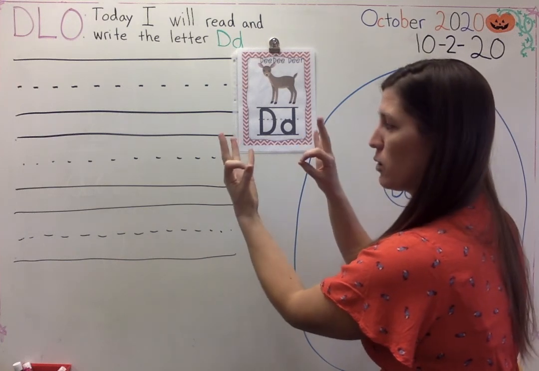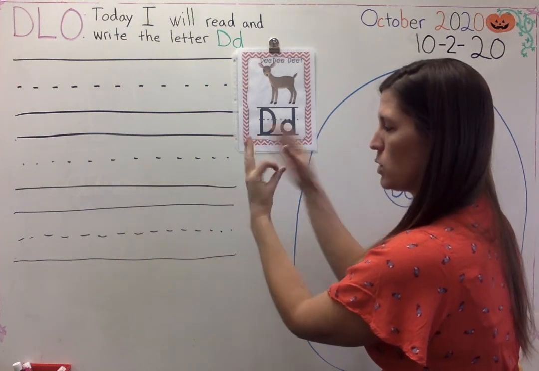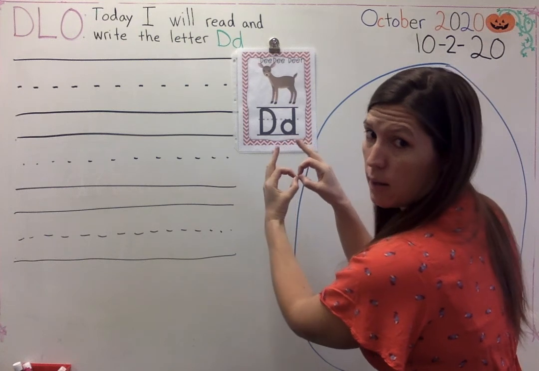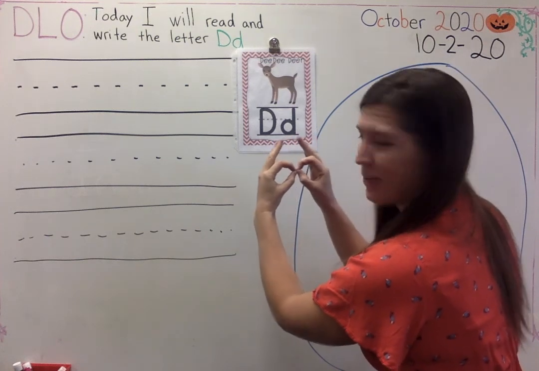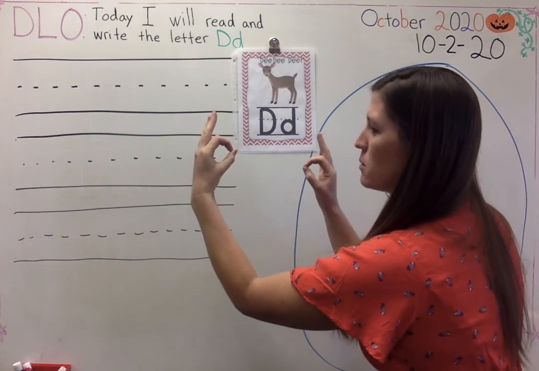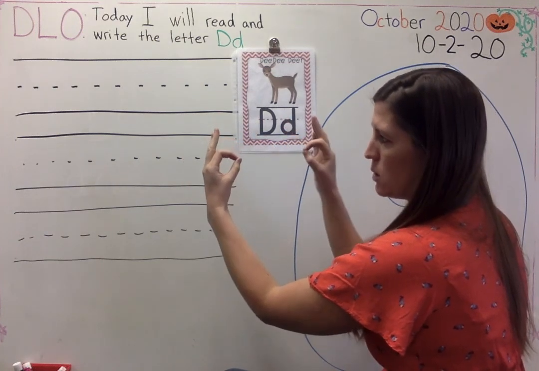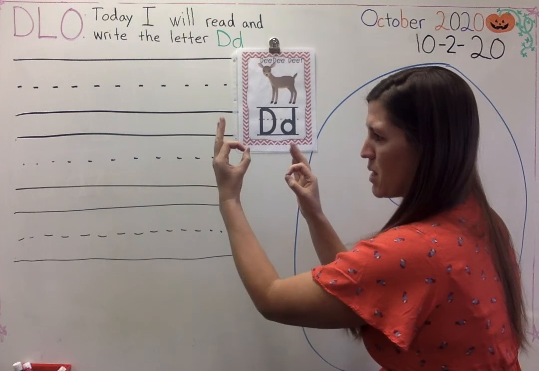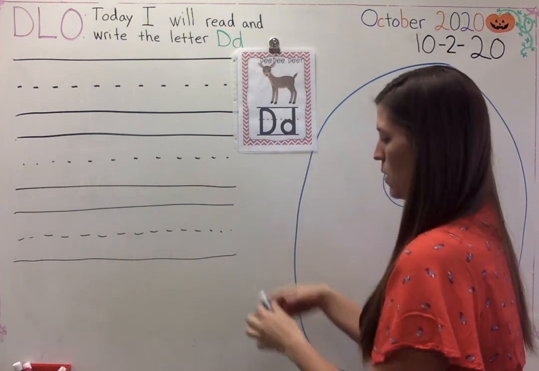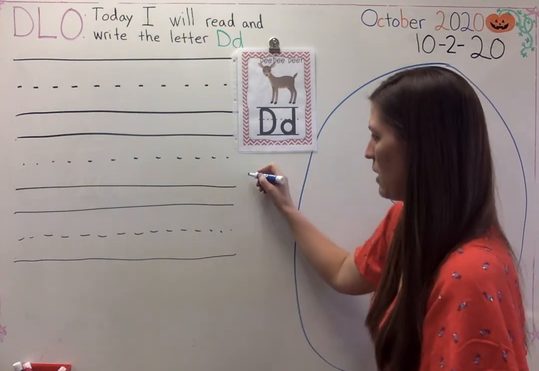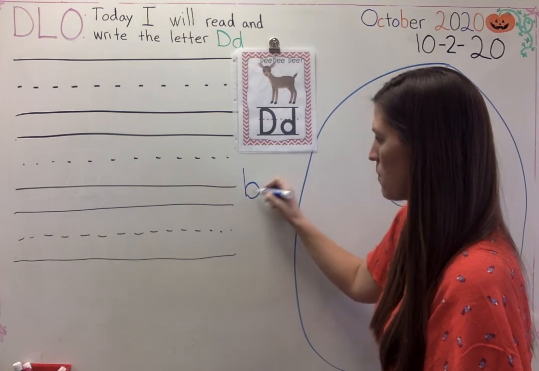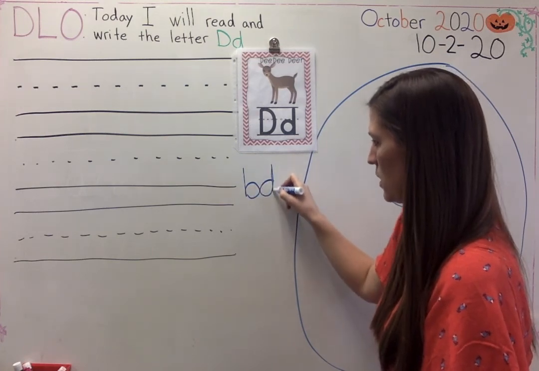Put them together and your other fingers close together like this. Gotta get it with the camera right. Say B, D, bed. B, D, bed. B, D. So our D is in our right hand.